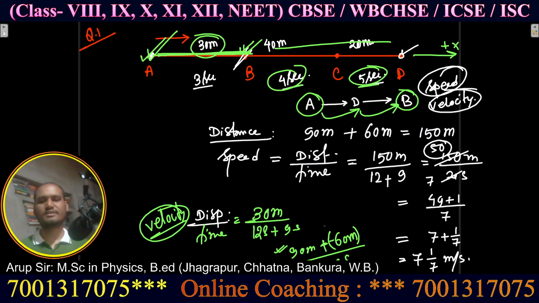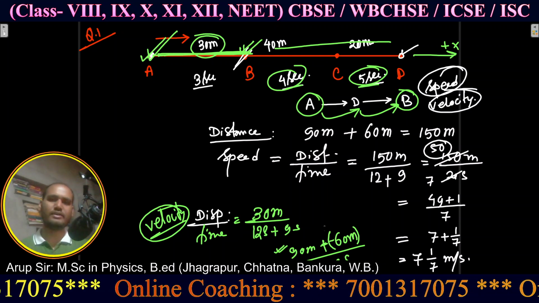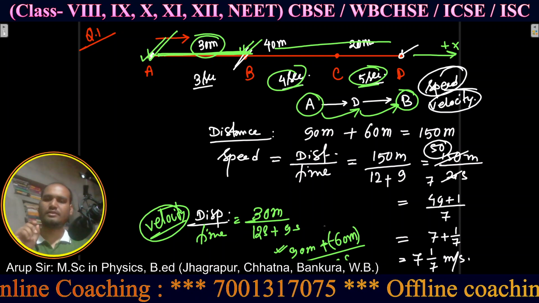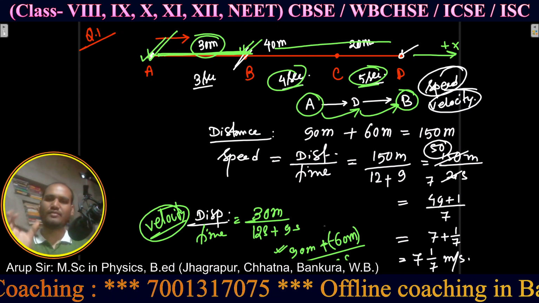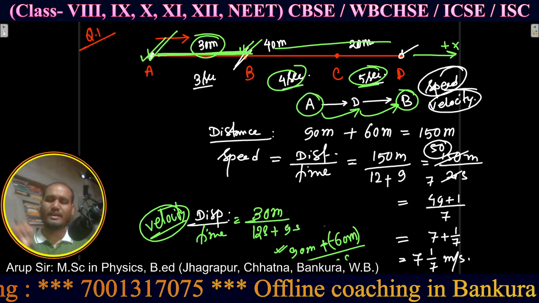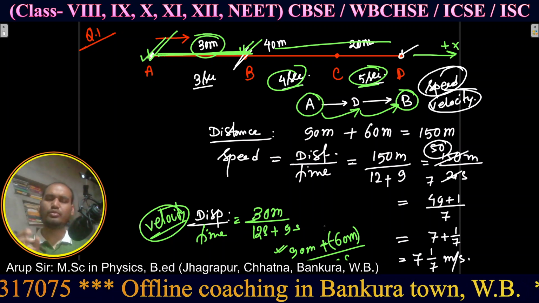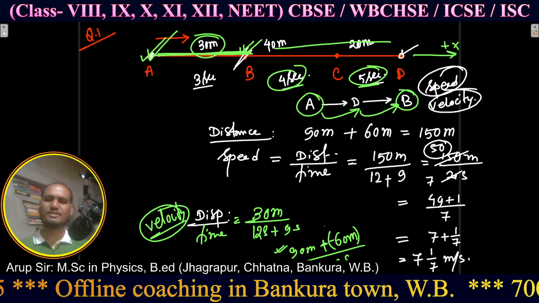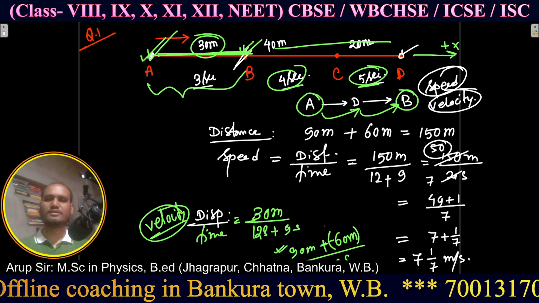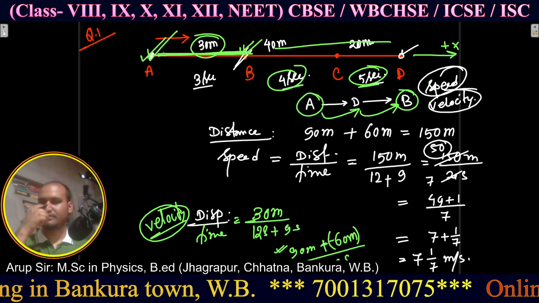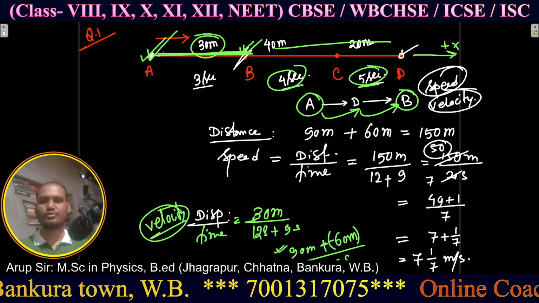Just remember that when you are calculating velocity, you need to see the initial and final point for displacement, and calculate the total time for the whole path. If you take only this 3 seconds for this path, then it will be wrong. So you need to remember these two things.